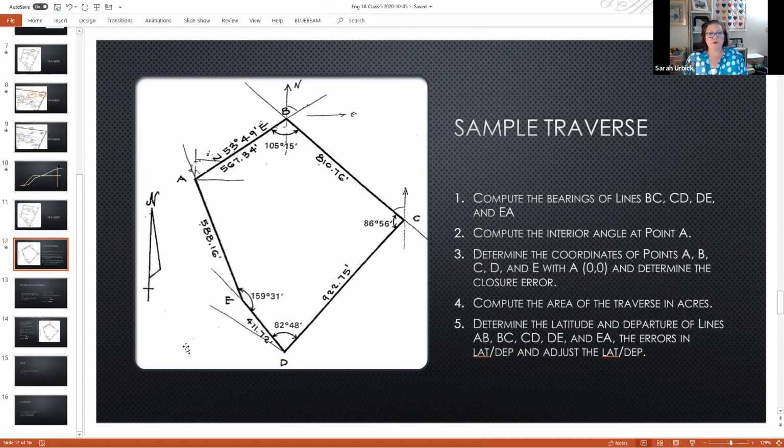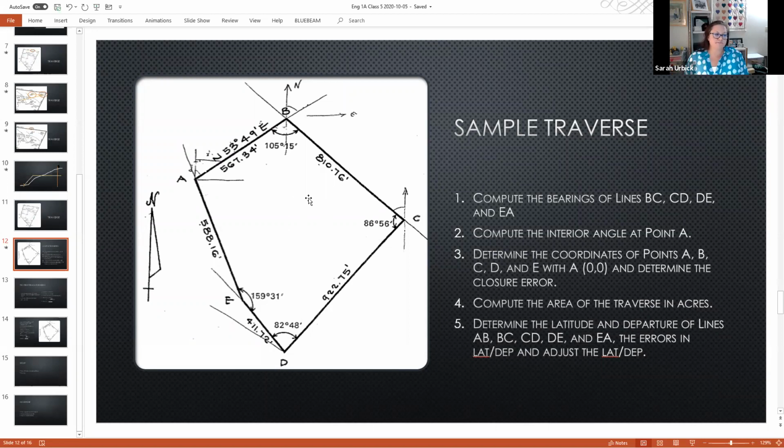We didn't compute the area of the traverse. That is available in the book. It does explain how to do that. And really, it's just make a lot of triangles, all right? Generally what we're going for with that whole concept there.